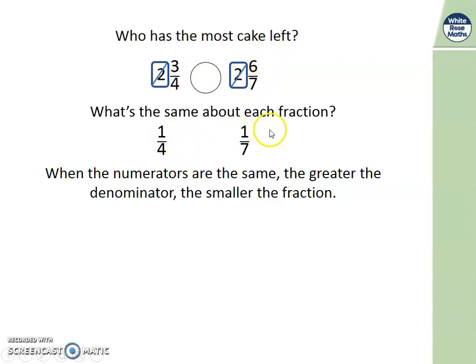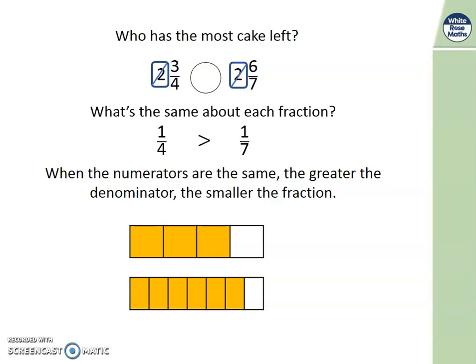When the numerators are the same, the greater the denominator, the smaller the fraction. So this side has a smaller distance to get to 3 whole cakes. Let's build it. We can see here Rosie's 1/4 left, and here we can see Amir's 1/7 to get to the end. Therefore, he's got more cake left.